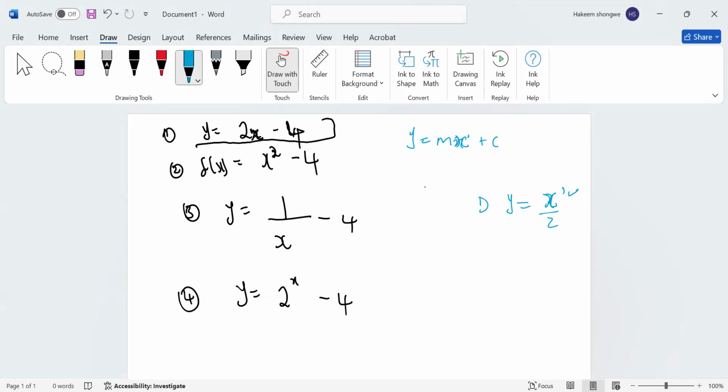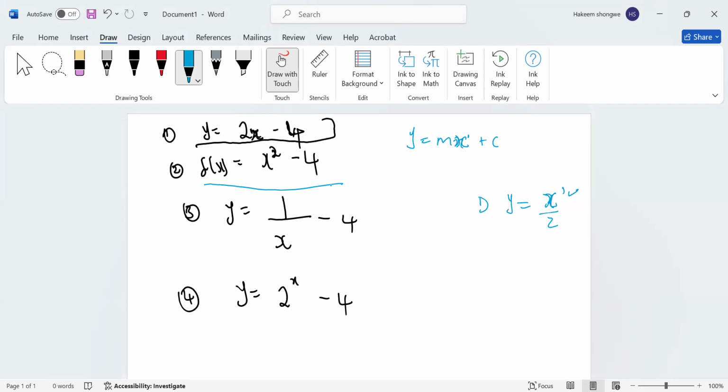Okay, let's check something then. Let's look at this one. Here the highest power of x is 2. So if the highest power of x is 2, it changes from being a straight line and becomes what we call a quadratic function. If you don't want to say quadratic, we call it a parabolic function.